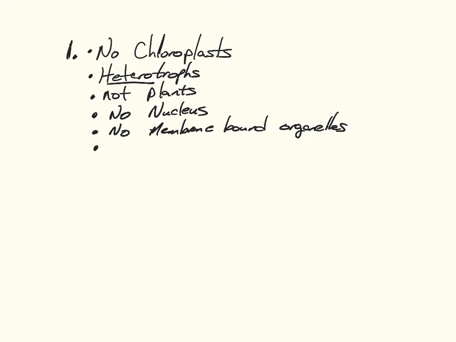They're either bacteria or archaebacteria. But bottom line, they're not eukaryotes, right? So they're not fungi, they're not plants, they're not animals, they're not protists. They're prokaryotes, they're bacteria, archaebacteria. Okay, so we knew all that.